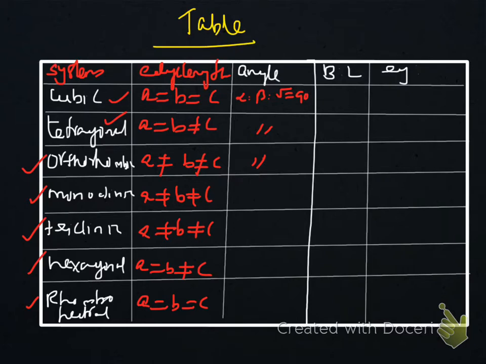For the monoclinic system, alpha equal to gamma equal to 90 degrees, but beta not equal to 90 degrees. For triclinic nothing is equal: alpha not equal to beta not equal to gamma not equal to 90 degrees. And for hexagonal, alpha and beta equal 90, but gamma is 120 degrees.